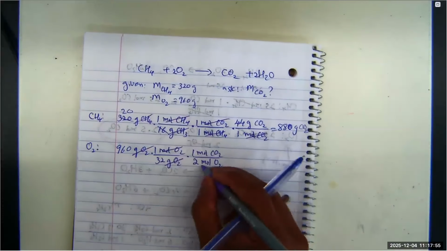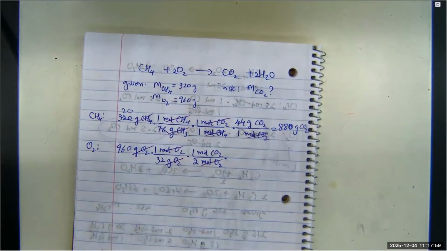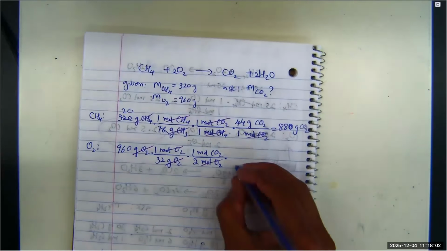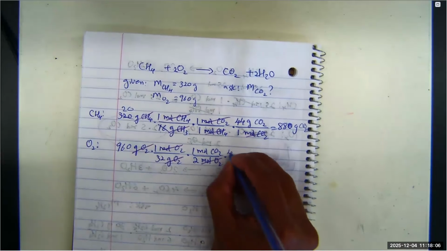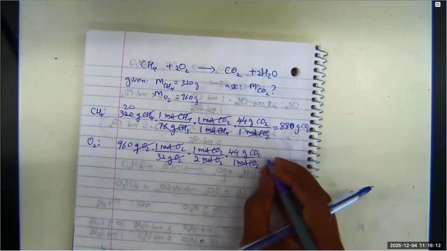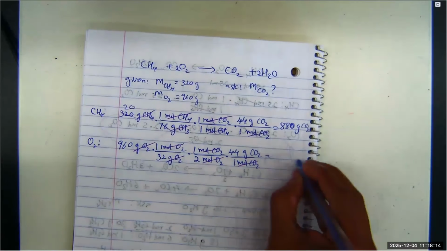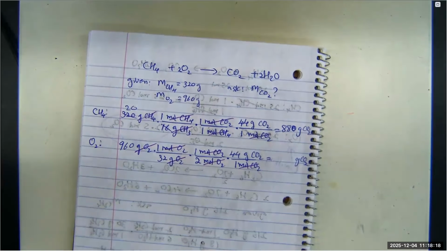So when I do that, moles of O2 cancels out. I'm going to end up with moles of CO2, but I don't want that. I want grams of CO2. I know 1 mole of CO2 has a mass of 44 grams of CO2. When I do that, the moles of CO2 cancels out. I'm going to end up with grams of CO2.